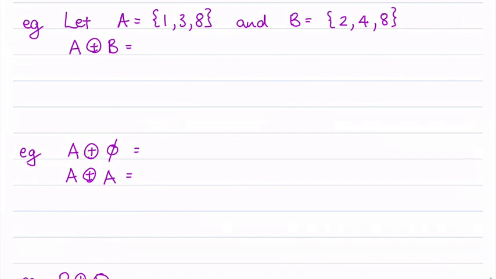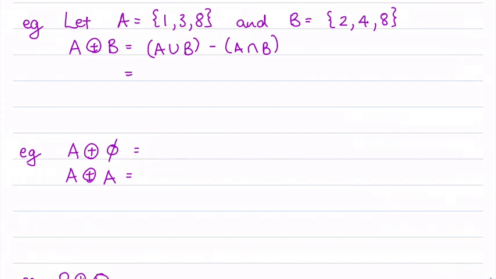So if we have a look at our sets A equals 1, 3, 8 and B equals 2, 4, 8, it's easiest to think about this as A union B minus A intersection B. So let's work those out.